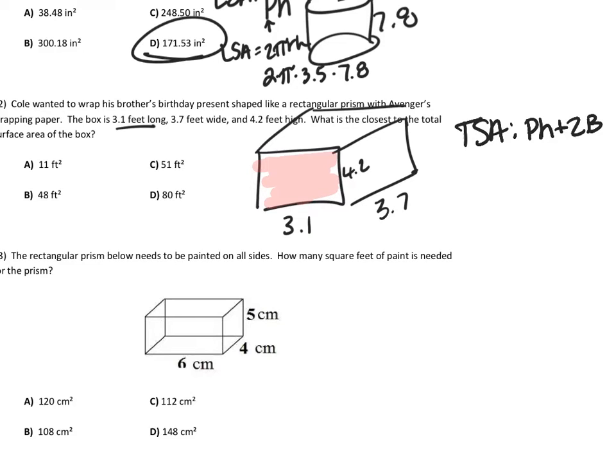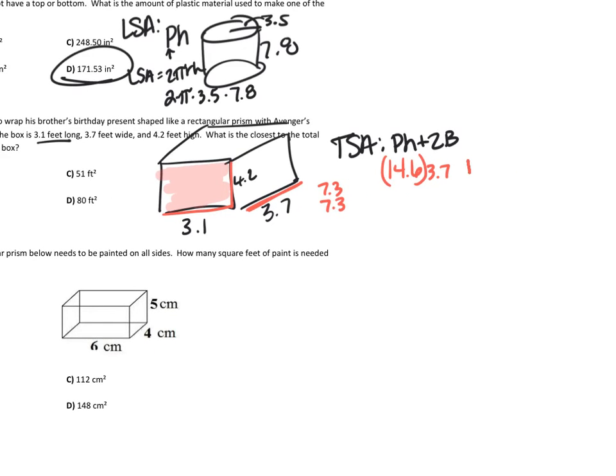So you're going to say perimeter is 3.1 plus 4.2, which is 7.3, plus 7.3, which is 14.6 for the perimeter. The height is going to be the 3.7, plus 2 times the area of the base. We decided the base was the 3.1 times 4.2.